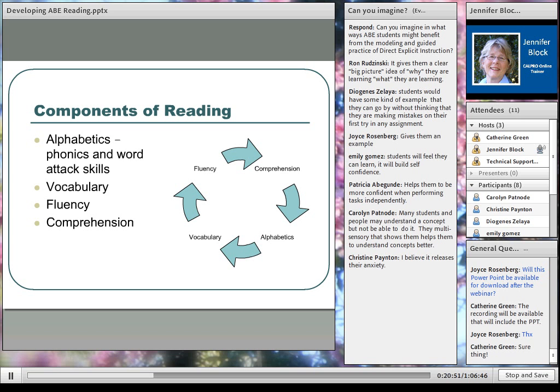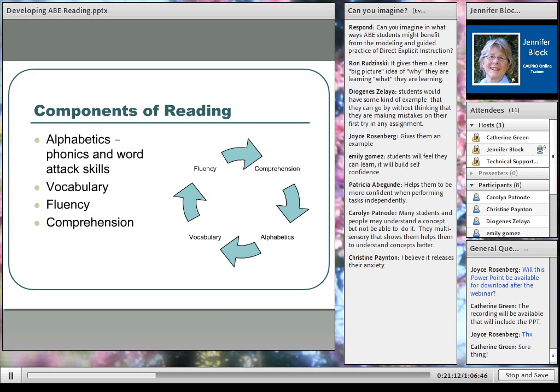And these three components, again, we shouldn't be under the impression that they need to be taught sequentially. They all interact with each other and can be taught simultaneously, intermittently. They all feed and support each other.